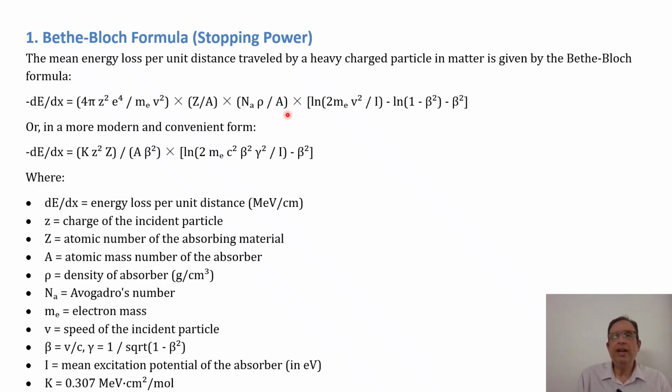Beta here is the ratio v by c, that is v is the velocity of the incoming particle, and c is the speed of light. And gamma is of course 1 by square root of 1 minus beta square. So this is the formula given by Bethe and Bloch that tells you the stopping power of the material.